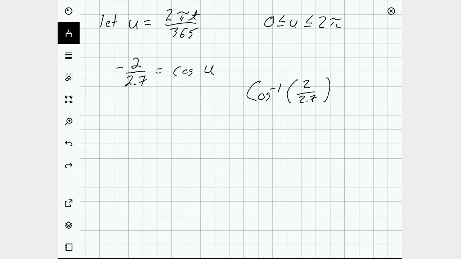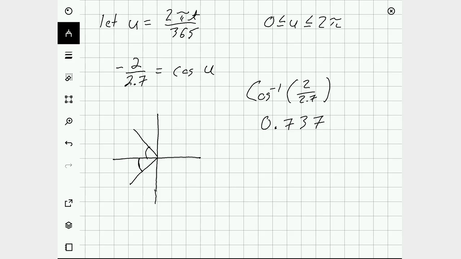I get here that my reference angle is going to be, around the nearest thousandth, 0.737, and that's in radians. I also know, looking at this, that I'm dealing with a negative value of cosine, and negative values of cosine occur in the second quadrant and in the third quadrant. So I might have that as 0.737, or I might have that as 0.737.